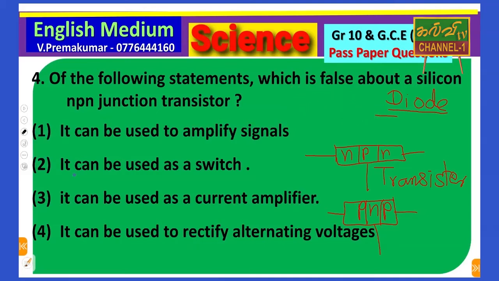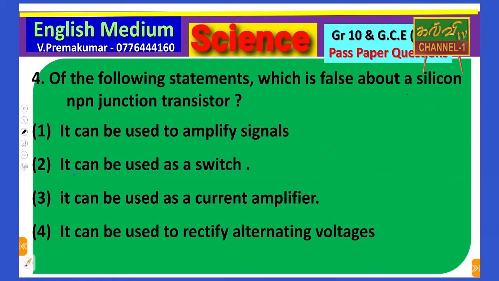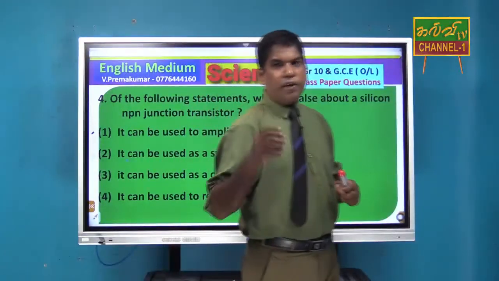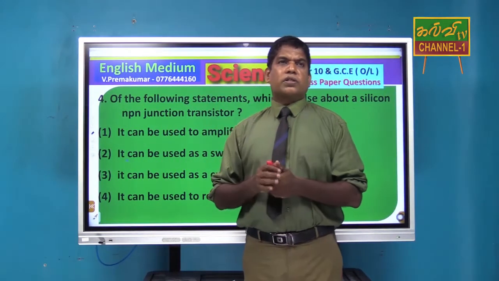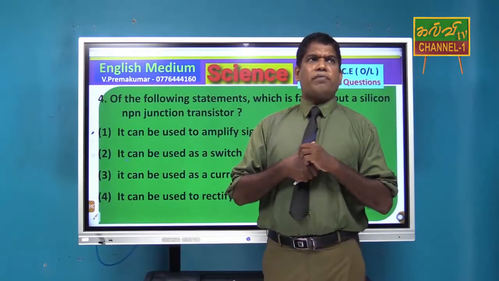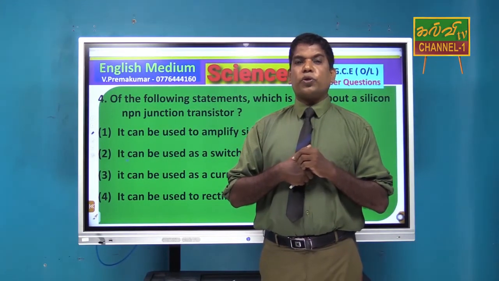Mostly it has 3 terminals, and after transistors, electronic apparatus became smaller and had more advantages. Three scientists invented the transistor and they received the Nobel Prize, right?